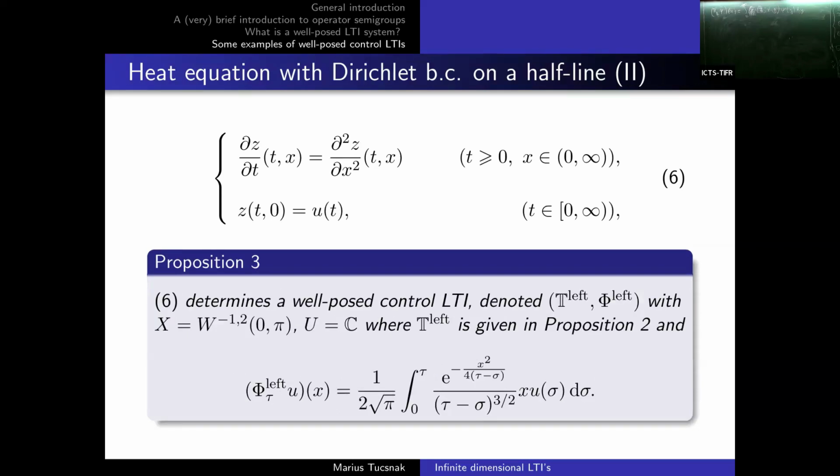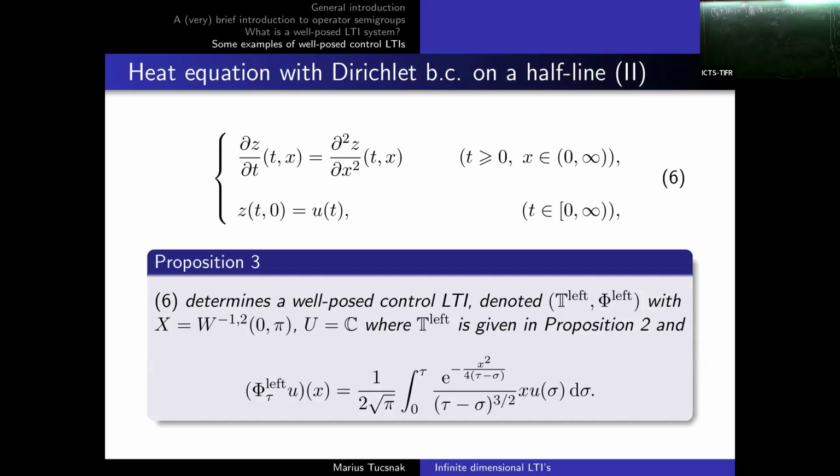Because with this problem, roughly speaking, when I take initial data 0, so very good, and I take u in L2, my solution will not be continuous. It will be less regular than that. How can we see that? For instance, we compute it for regular solutions, and then we look if we can extend the operator.